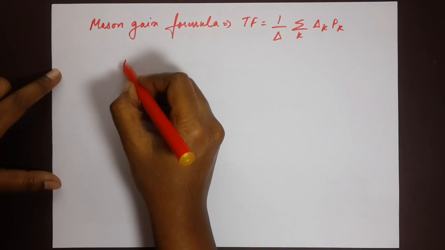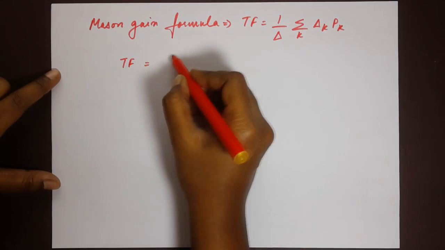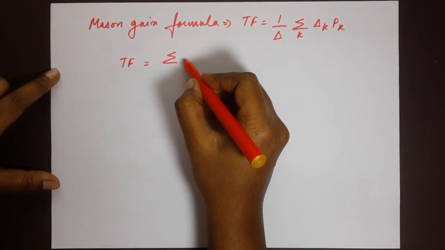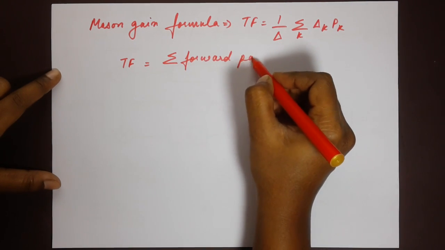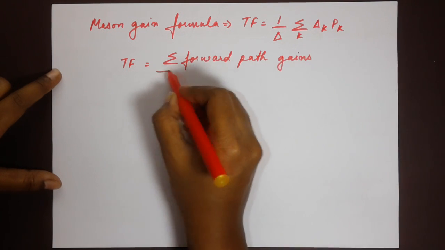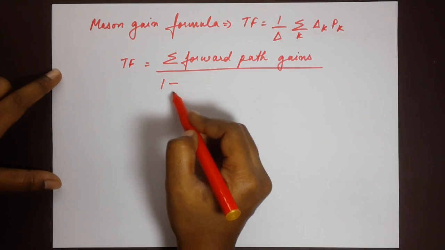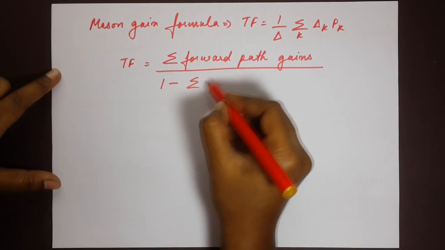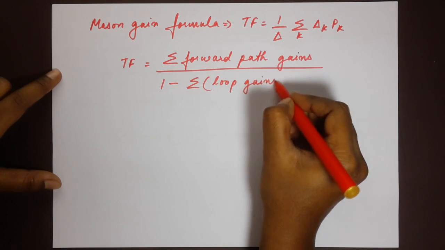Now to make this a little more appropriate for the block diagram that we have, it would be the summation of the forward path gains divided by 1 minus, this is delta, 1 minus summation of loop gains.